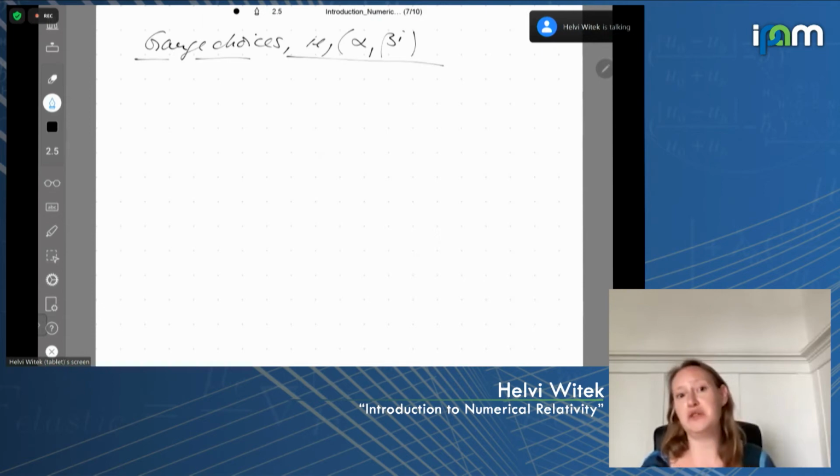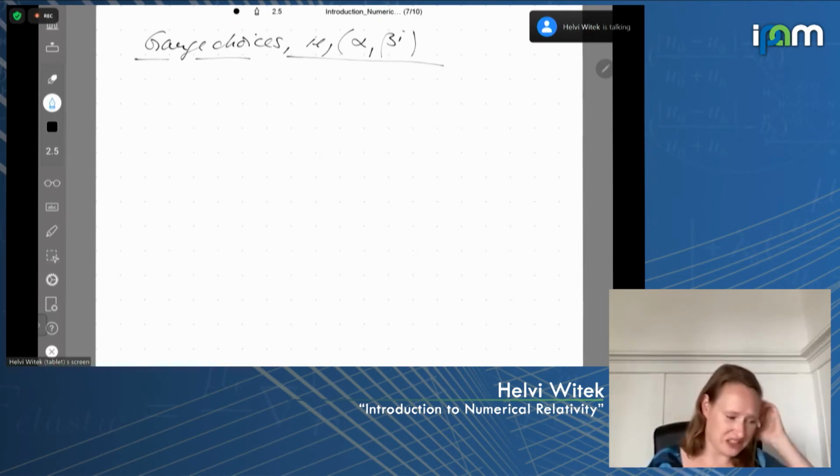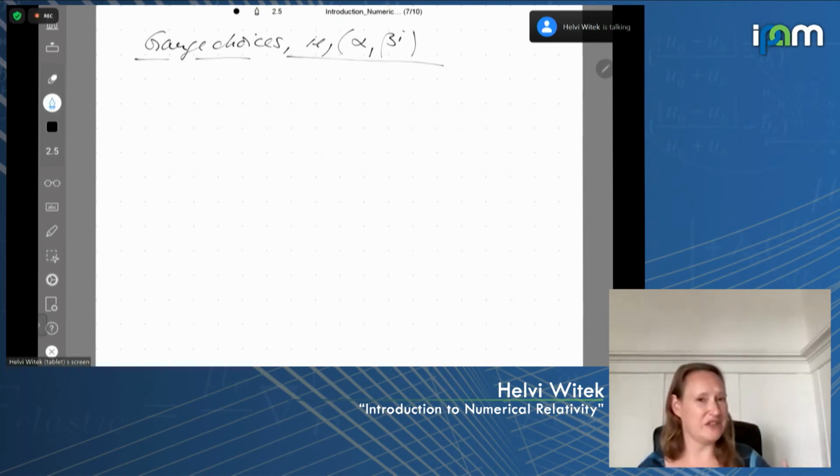So while that may be useful if you just want to test your code, it's not very useful if you actually want to have a stable simulation of a single or a binary black hole, right? Because if you know that your code will crash inevitably with this choice, then that's not the best you can do. So instead, I have a little bit of a wish list of what I want these gauges to do for me in a numerical simulation.